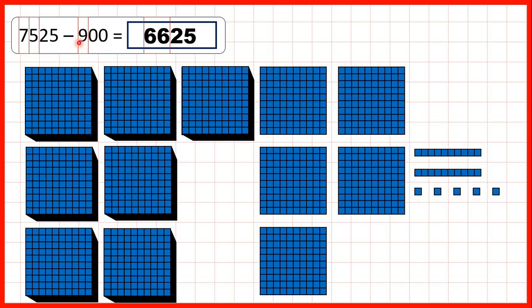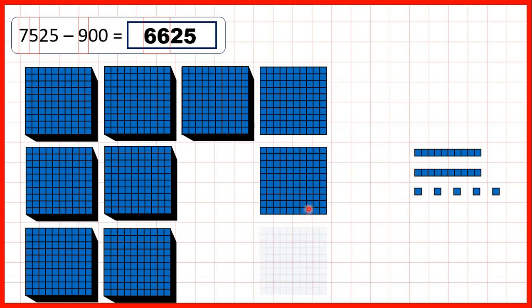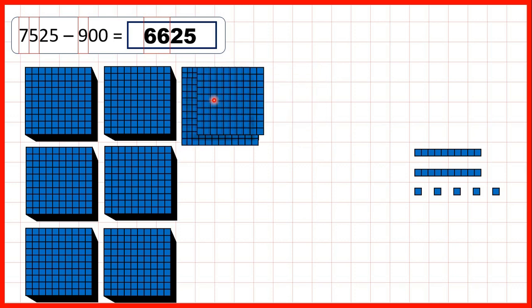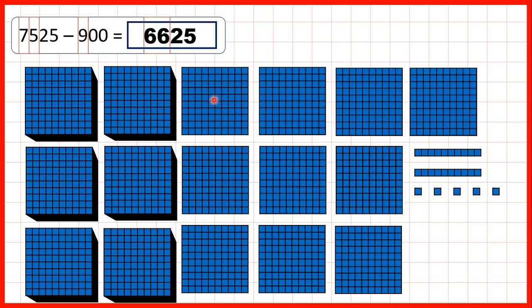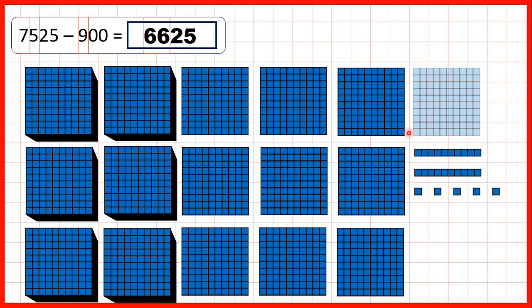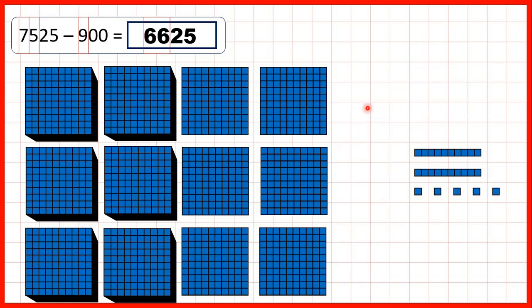7,525 minus 900. We can take away 1, 2, 3, 4, 5 hundreds, then we can exchange, and then we can take away 6, 7, 8, 9 to leave us with now only 6 thousands and 6 hundreds.